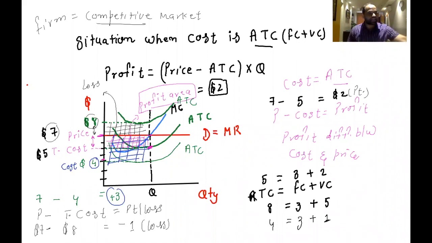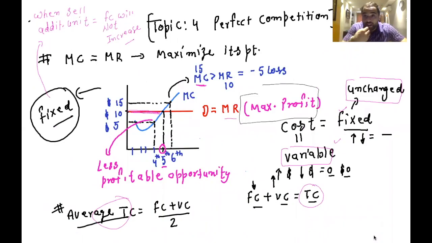So that is the idea for the situation when your cost is fixed. That's why for additional units you can't find any fixed cost here. Doesn't matter whether you produce additional or not, fixed costs remain unchanged.